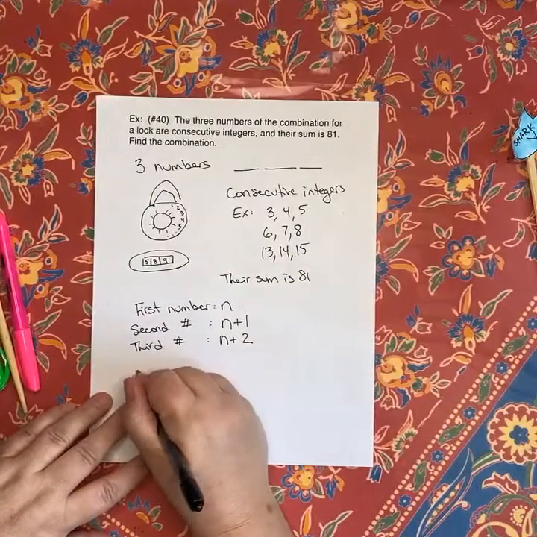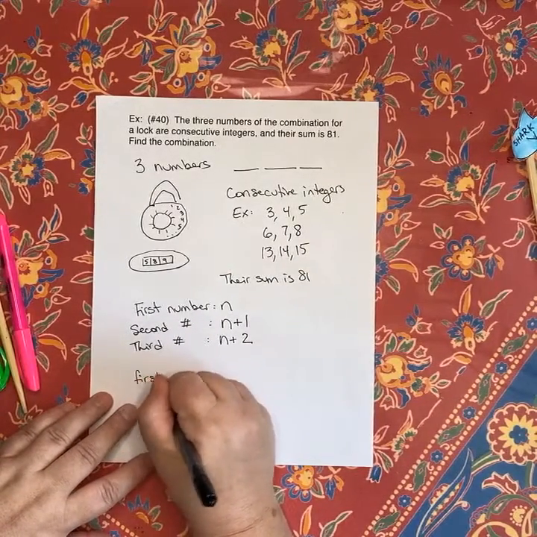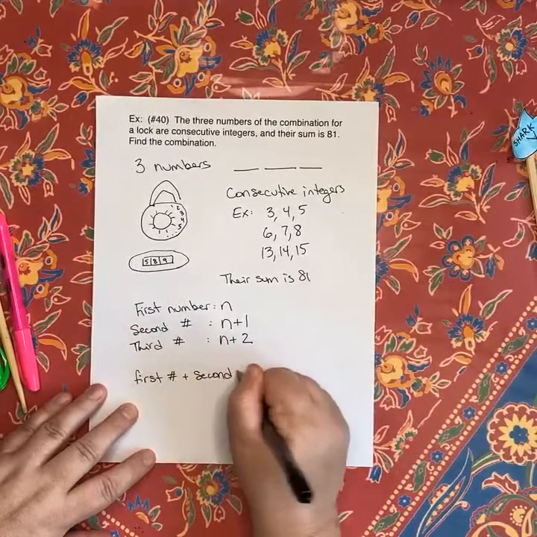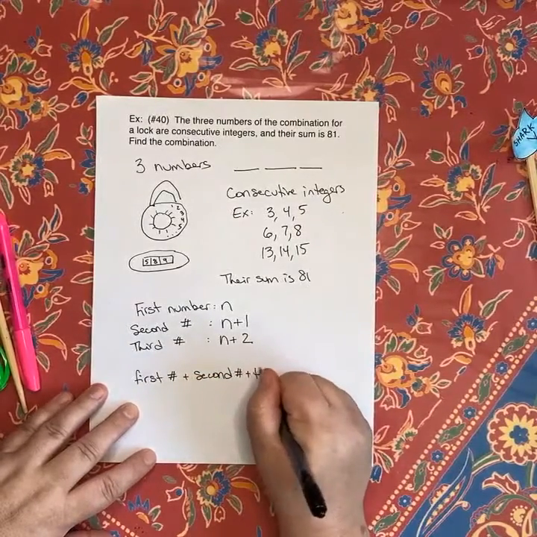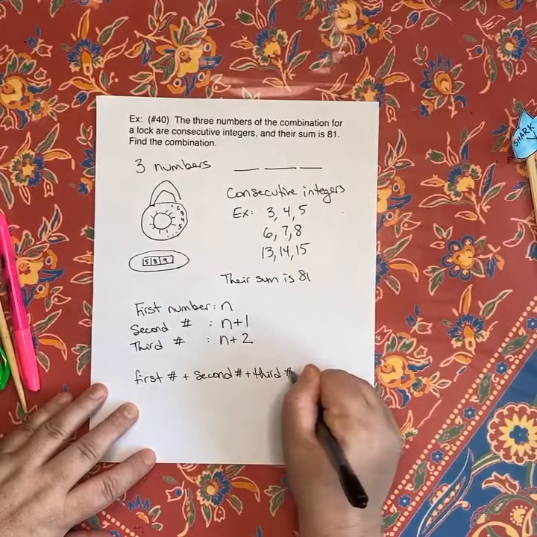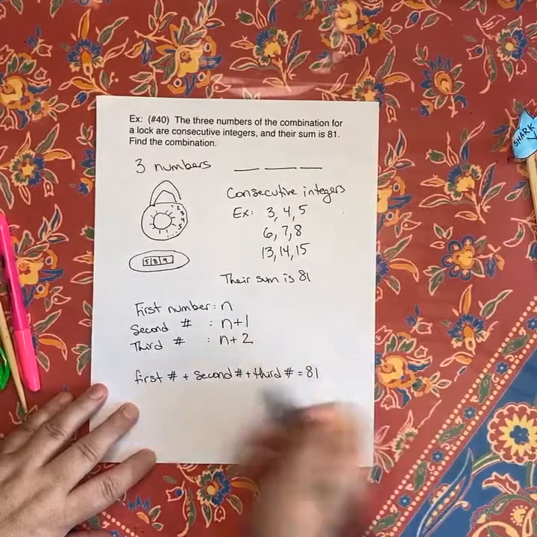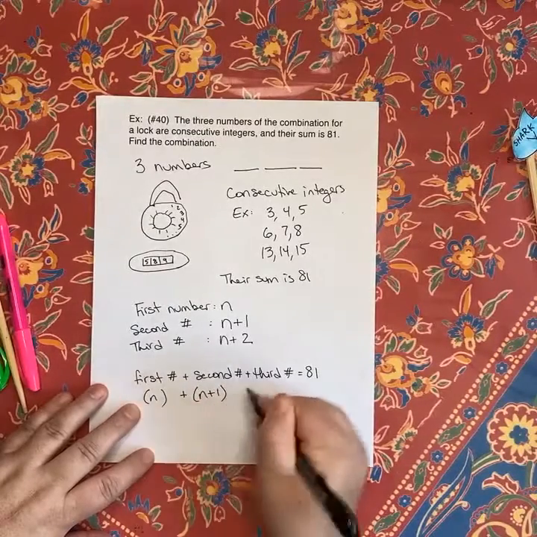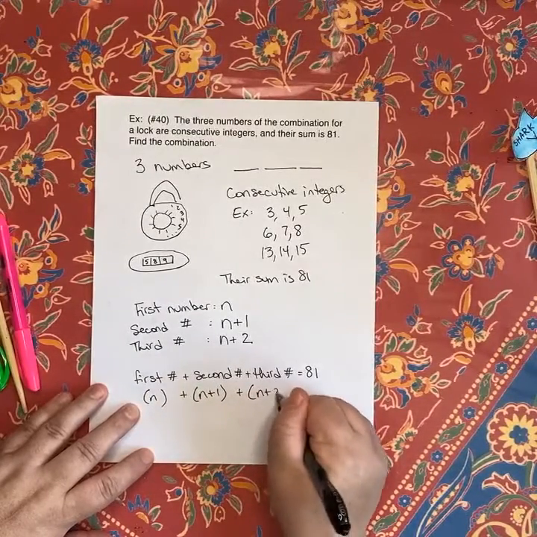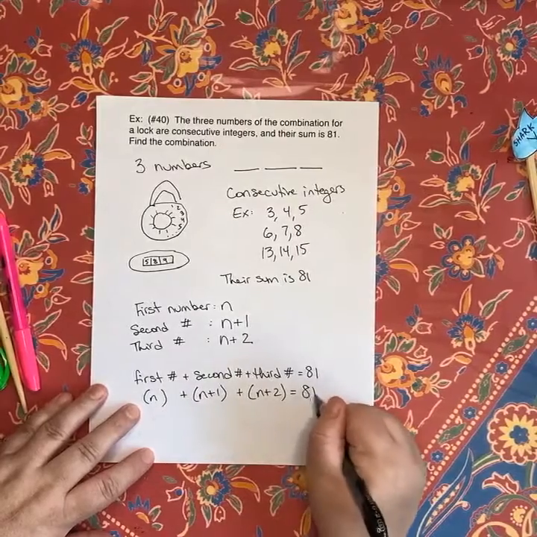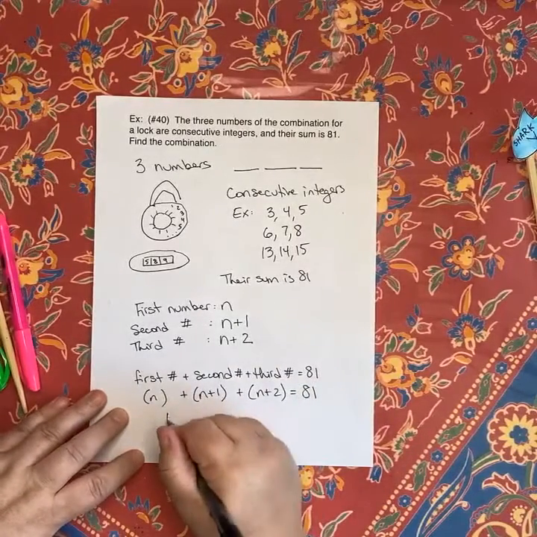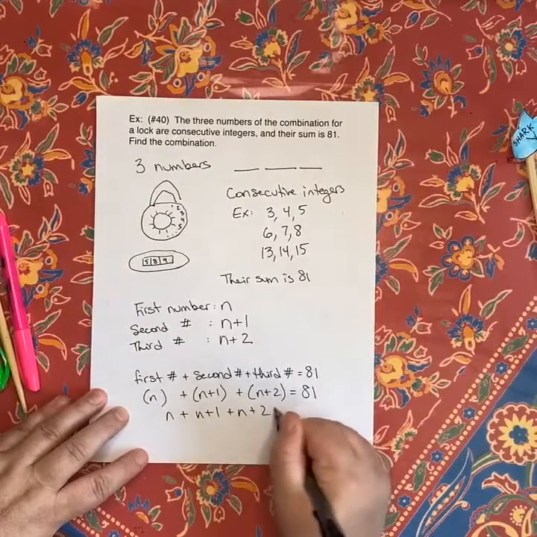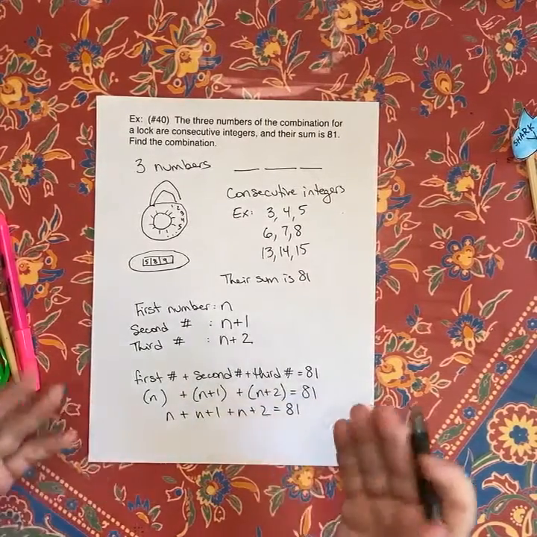Sure. I can do the first number plus the second number plus the third number equals 81. So that's n plus n plus 1 plus n plus 2 equals 81, which means what can we do?